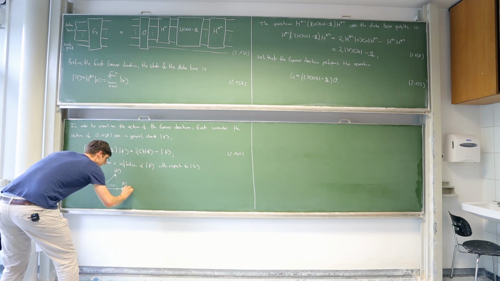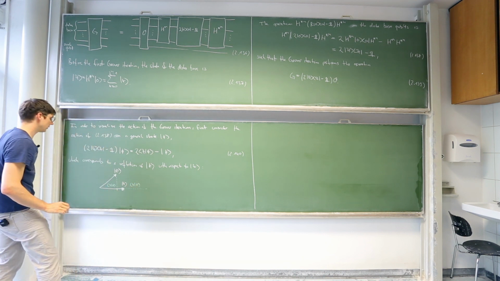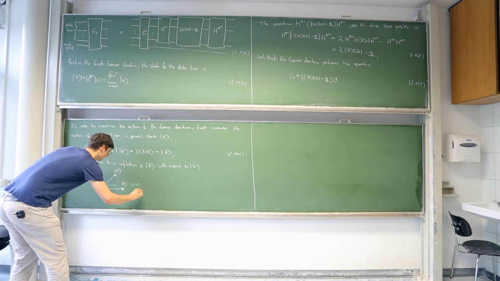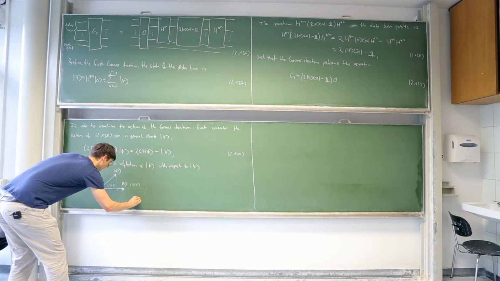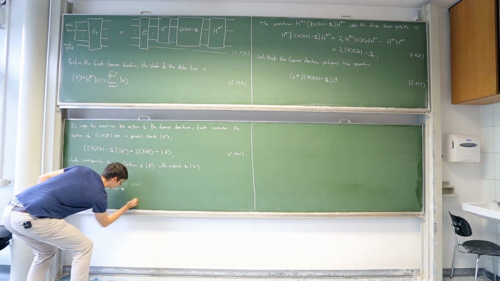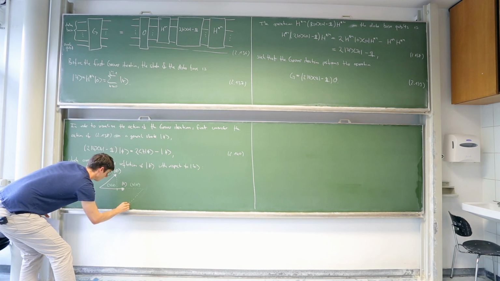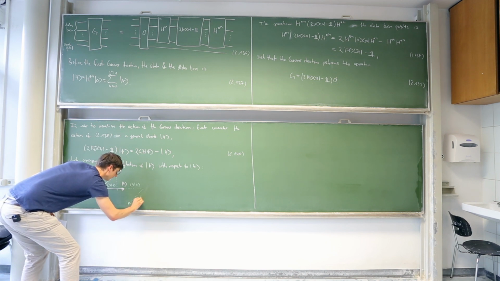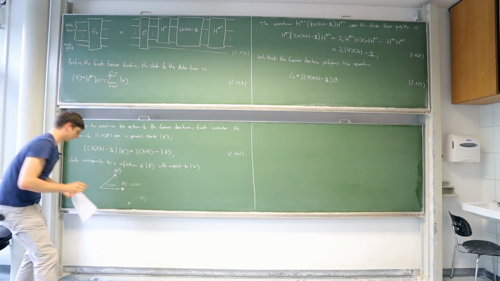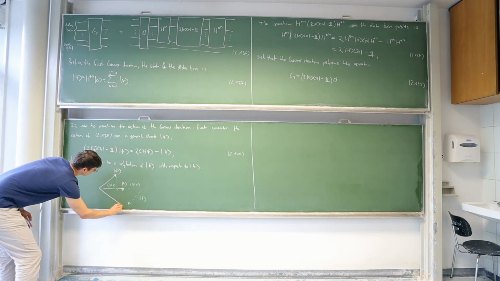And then say again here the overlap ψφ. Then we are somewhere here. And then we go to minus φ, like this. This is minus φ. And what we end up with is this reflection.